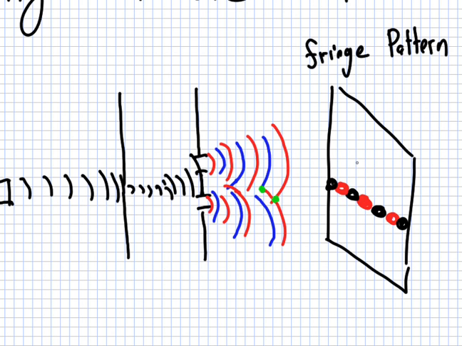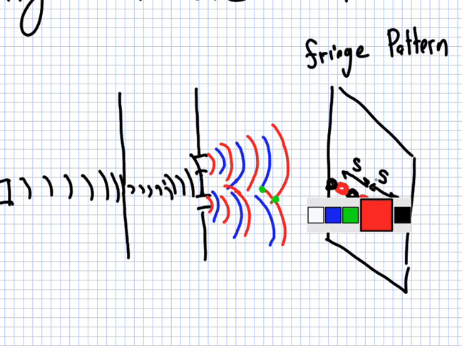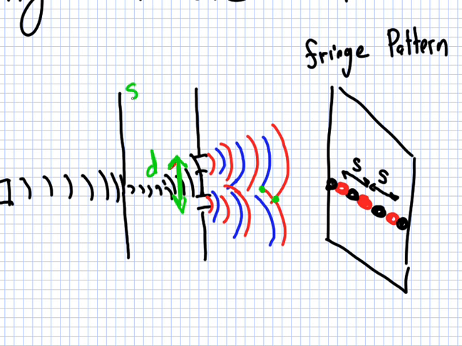And what will happen here is the distance between the bright dots, we'll just call them S. The distance between the bright dots. The distance between these two slits here, I'll do it in green, we'll call this distance here D, and this is called the slit spacing.